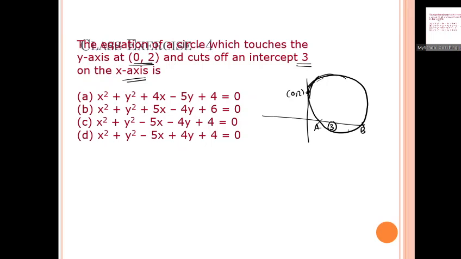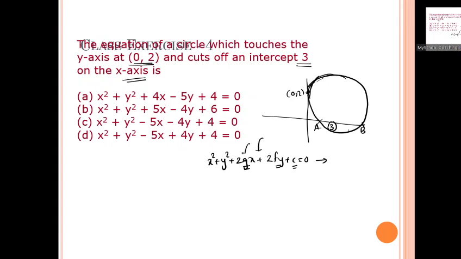So, are you getting any ideas how to do this question? If you want to find the general equation of a circle, you need 3 conditions, right? x square plus y square plus 2gx plus 2fy plus c equal to 0. This is a general circle, right? To find the particular answer from a general equation, how many conditions do you need?